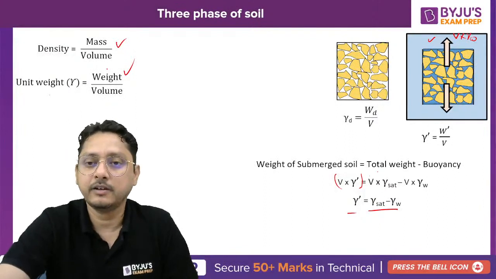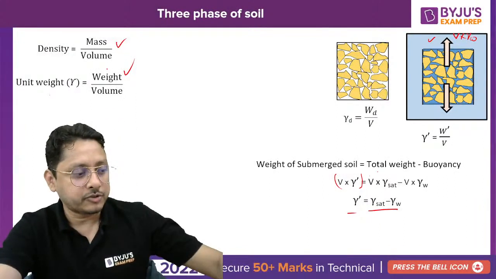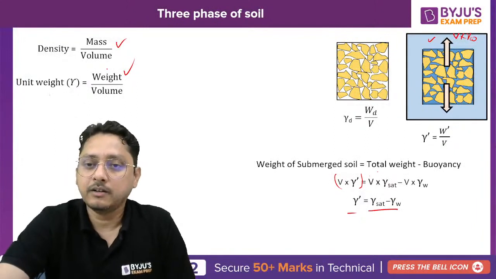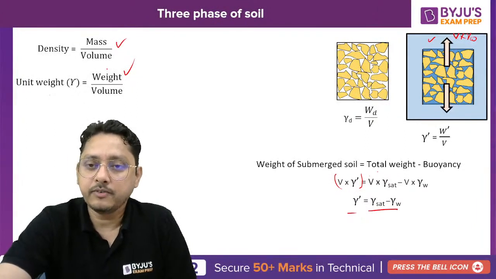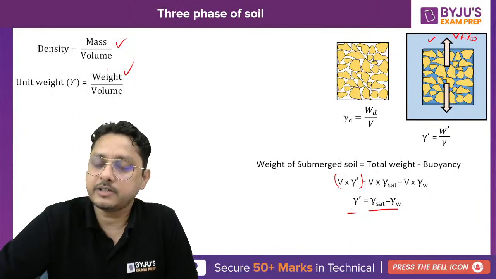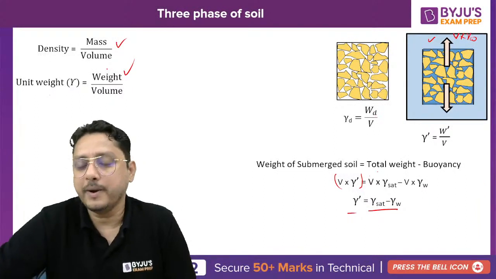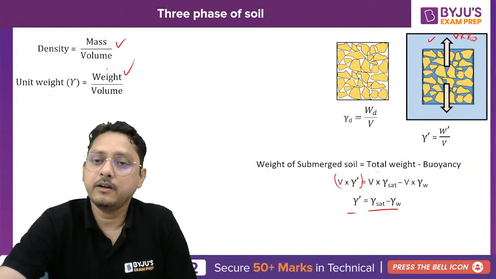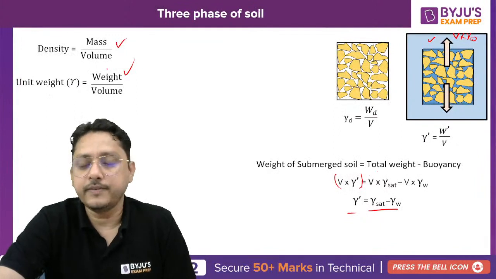So you can understand the unit weight for different situations. If all the voids are filled with air, the weight of the dry soil by volume gives you the dry unit weight of the soil.